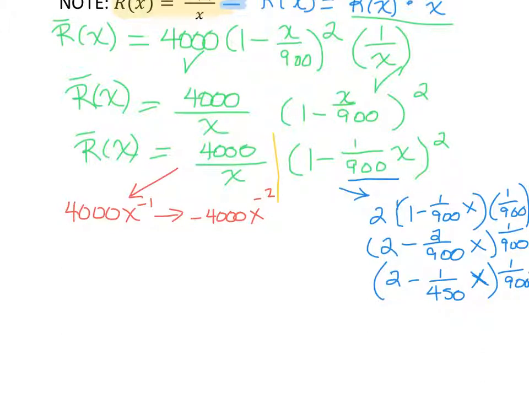So eventually 1 over 900 times 2 is going to be 2 over 900. And 1 times 1 is 1. And 450 times 900 is 405,000, or 405,000 times x.